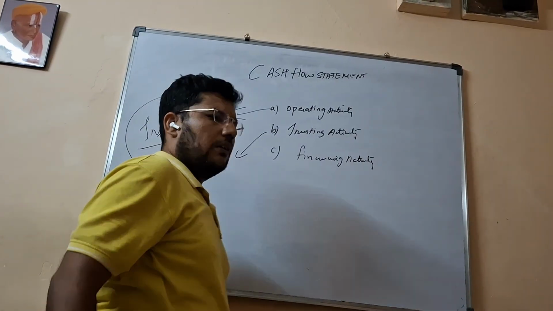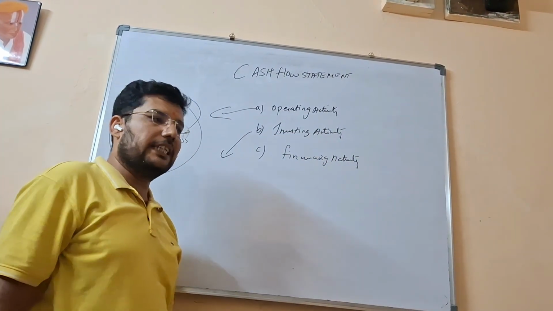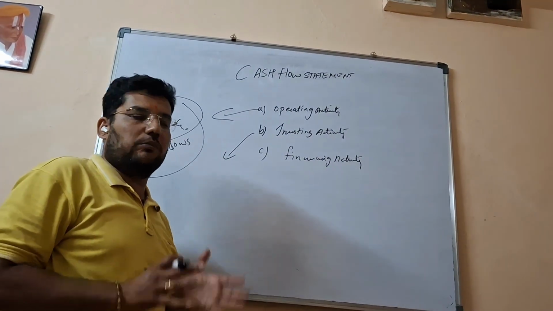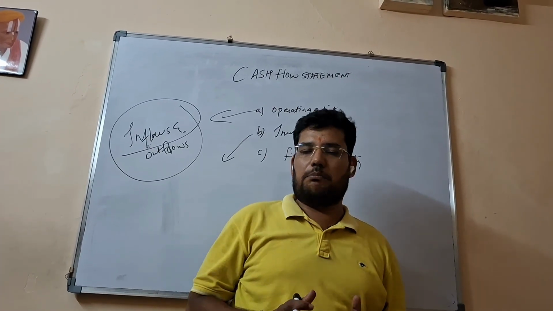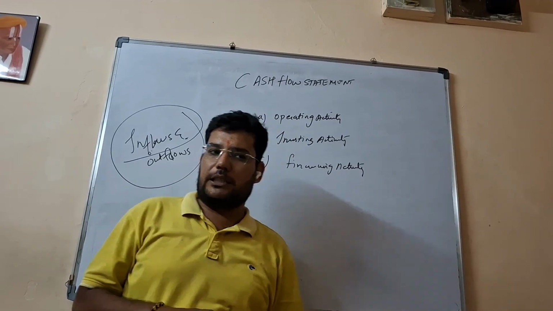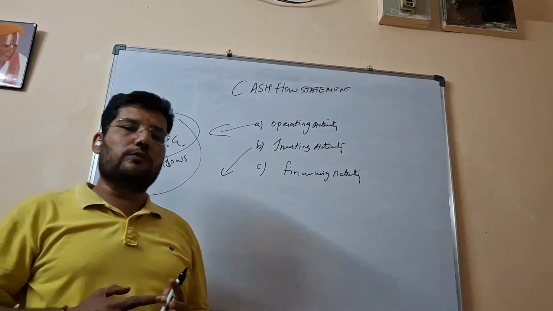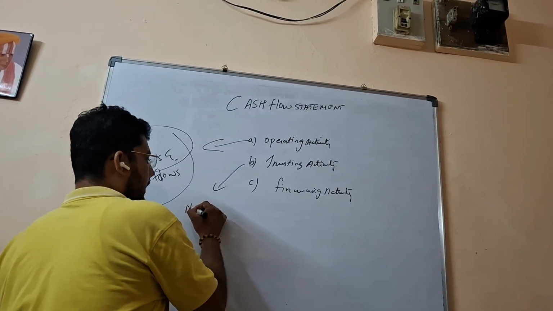Investing activity. One thing I want you to know is that when I talk about investing activity, I am talking from the trading unit or non-financial company's point of view. Non-financial companies usually require capital. What do they do with that capital? They invest it in non-current assets.